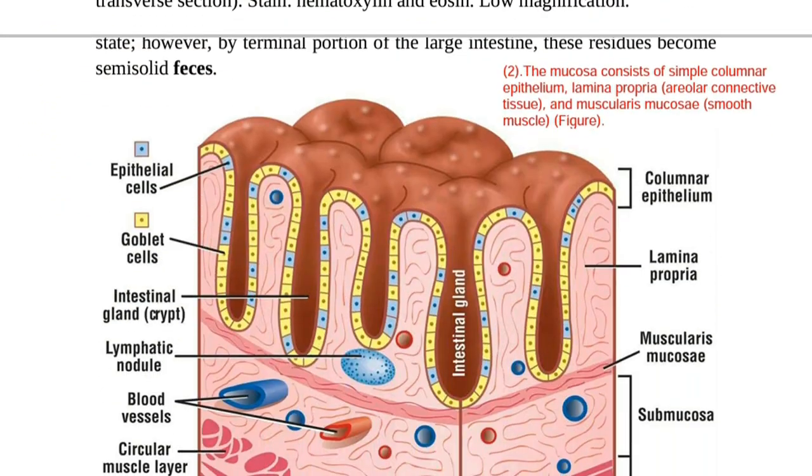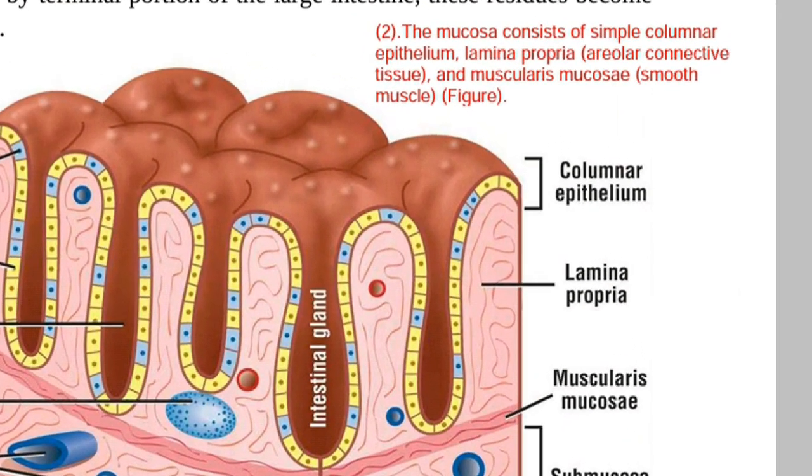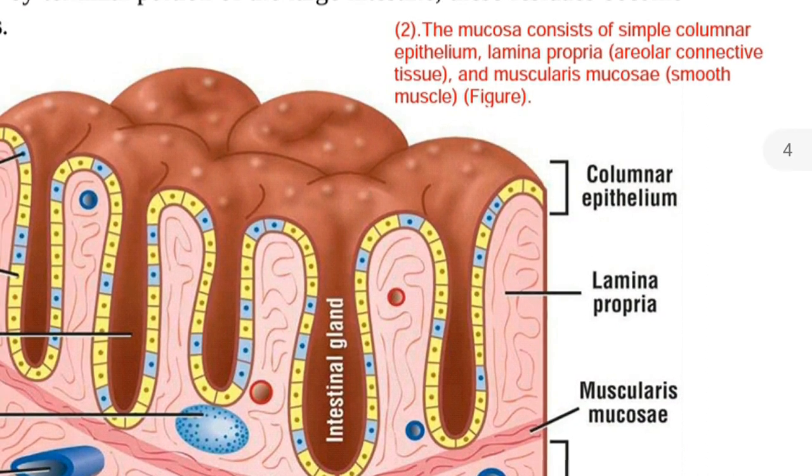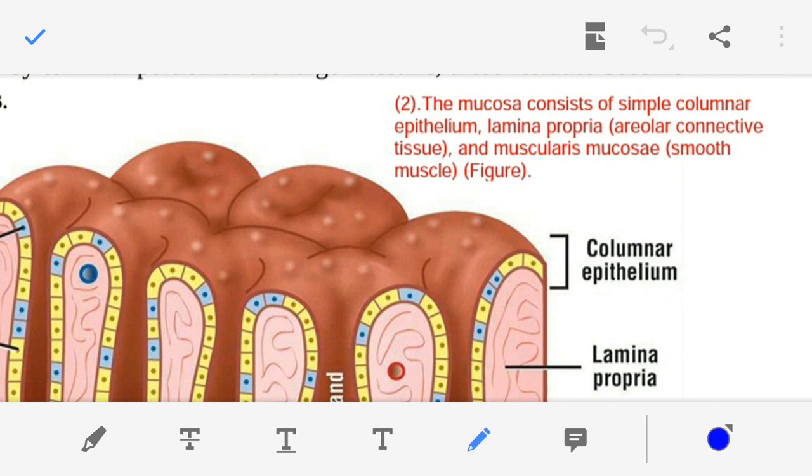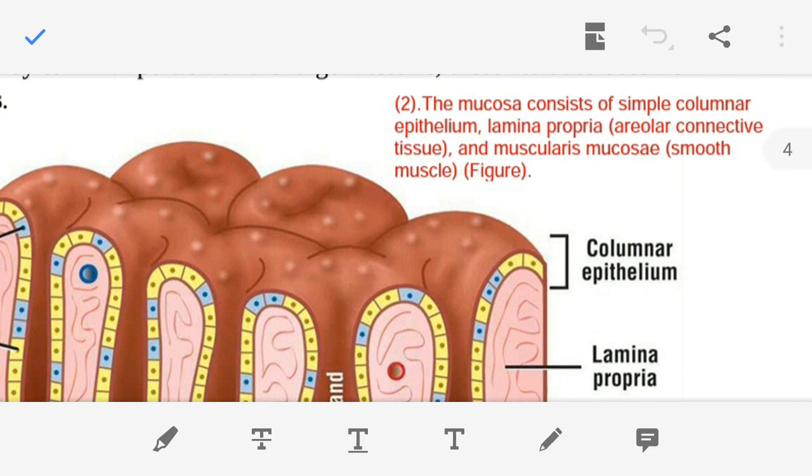Now the second point. What is the mucosa composed of? What is present in the mucosa? The mucosa is made up of simple columnar epithelial cells.